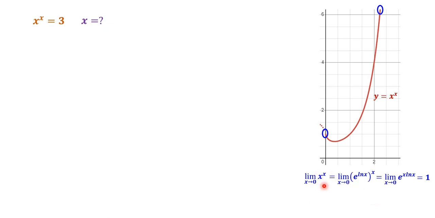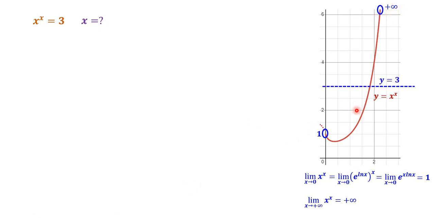As I have talked about in my previous videos, when x tends to 0, x to the power of x is equal to 1, and when x tends to positive infinity, x to the power of x is positive infinity. So the limit on the left side is 1, and the limit on the right side is positive infinity.